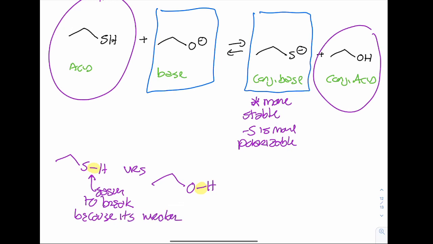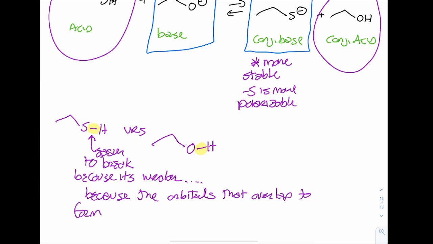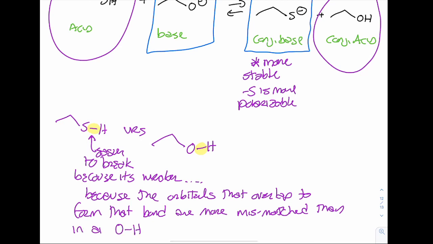And then if you just leave it at that, I'm going to say, why is it weaker? Because the orbitals that overlap to form that bond are more mismatched. By that I just mean the size is more different than in an oxygen-hydrogen bond.